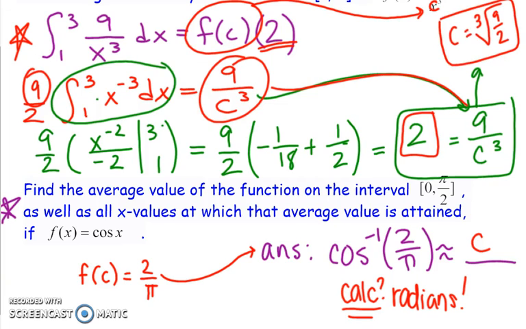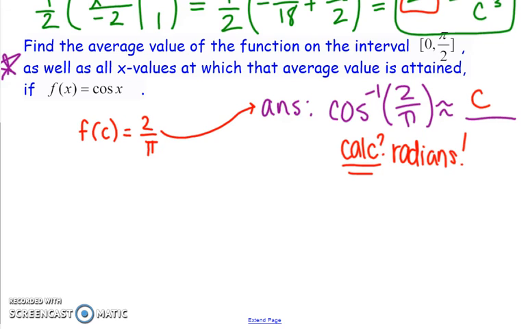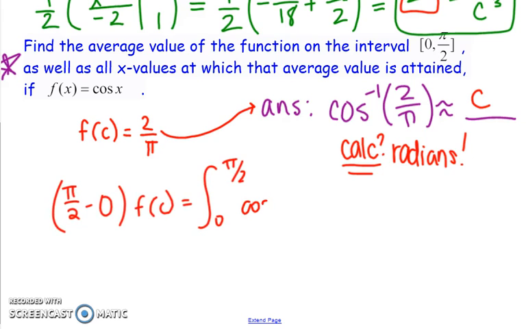Your final answer. This one, same thing, you want to start by setting up your MVT: pi over 2 minus 0, times f of c equals the integral from 0 to pi over 2 of cosine of x dx.